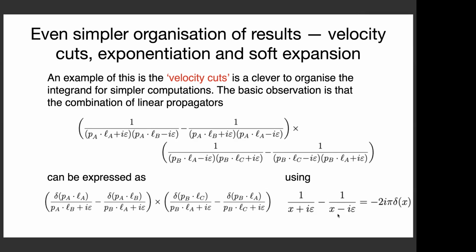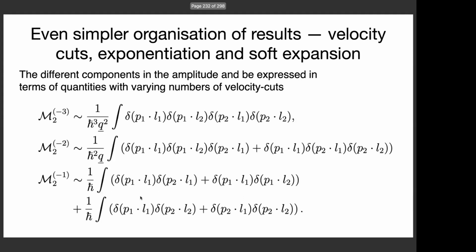So we can use this prescription to rewrite the integrals from propagators to delta functions. And there's a lot of interesting physics in this. We can see that it also organizes the computations we have to do, that the various contributions we have in play when we are looking at the cut come with varying delta function contributions.